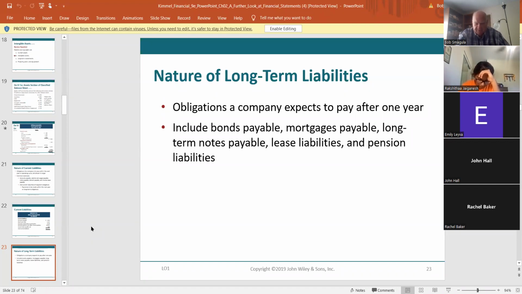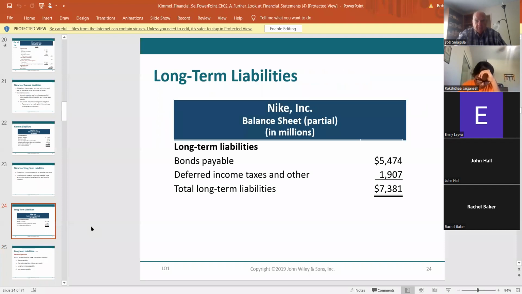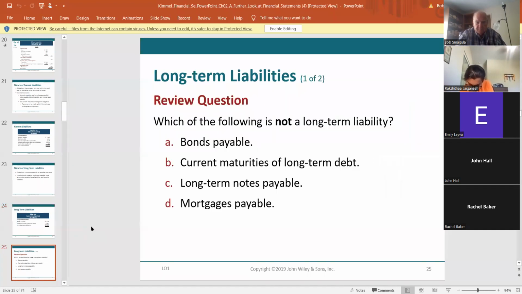I'm one of the last people who gets an actual pension. You guys aren't going to get pensions in the workforce. They're kind of gone. So my advice to everybody is invest as much as you can in the company's 401k plan, even if it hurts. Long-term liabilities: bonds, deferred income taxes.